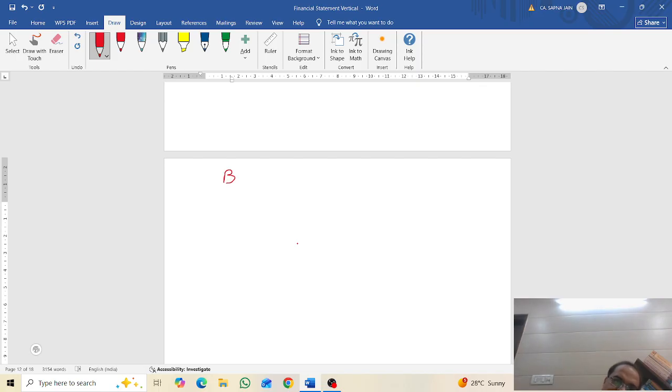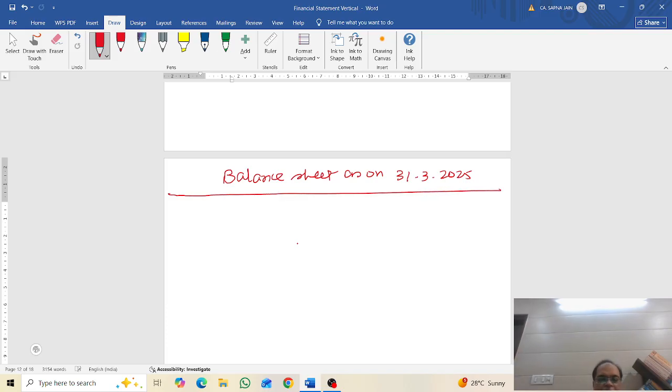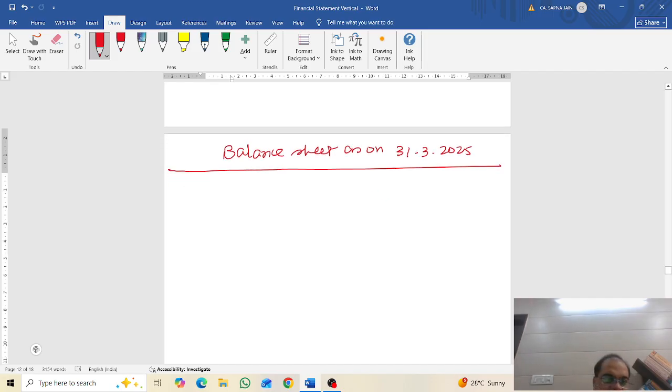So write down the heading here: Balance sheet as on 31st of March 2025. The balance sheet is divided into two parts, liability and assets.